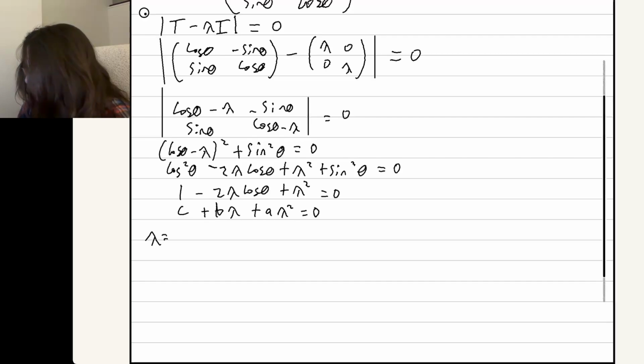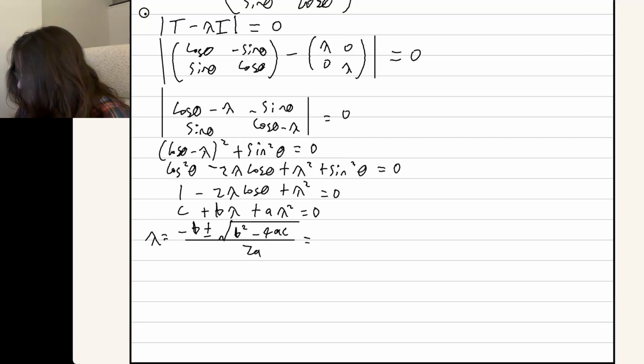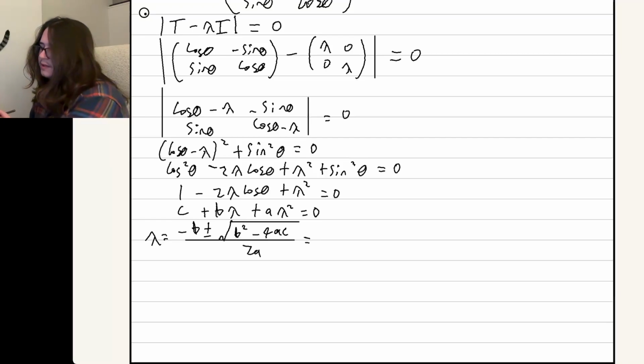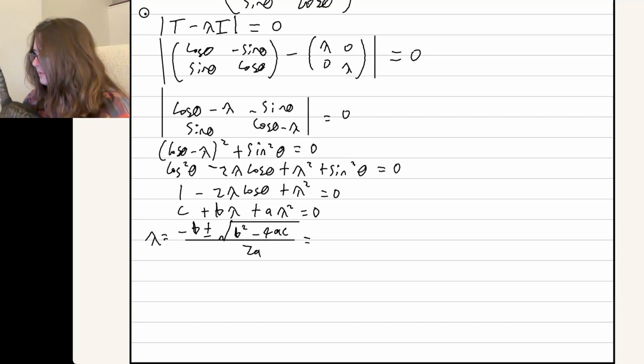That's right, we're going to use the quadratic formula. So it's negative b plus or minus the square root of b squared minus 4ac all over 2a, right? So b is minus 2 cosine theta, so negative b is actually just 2 cosine theta.